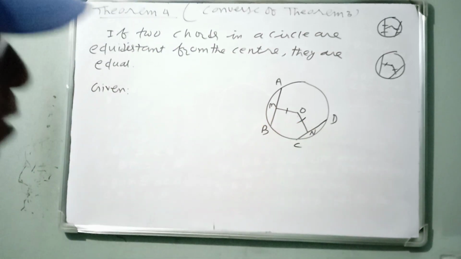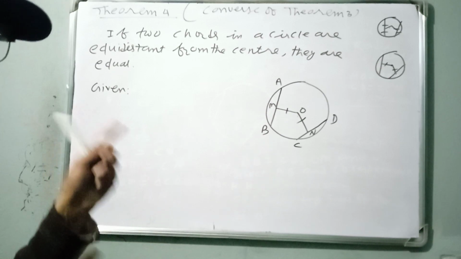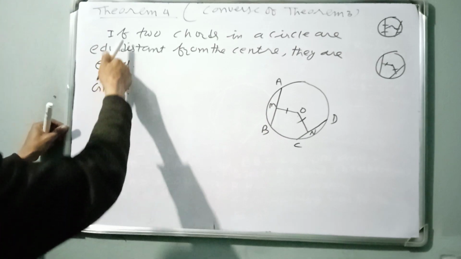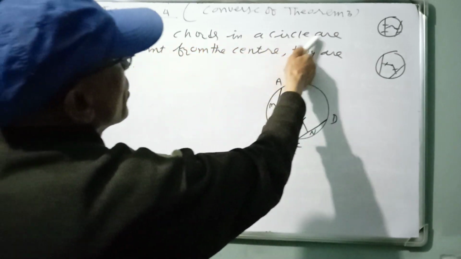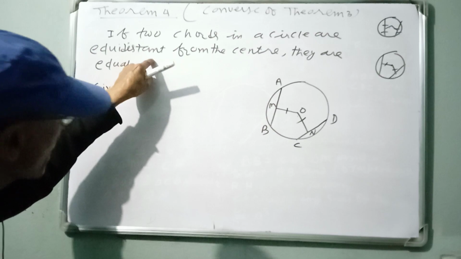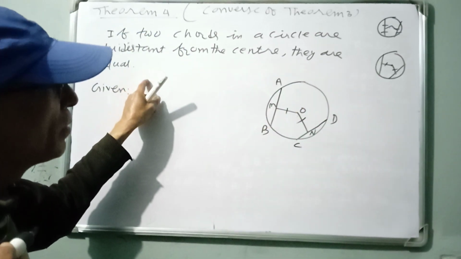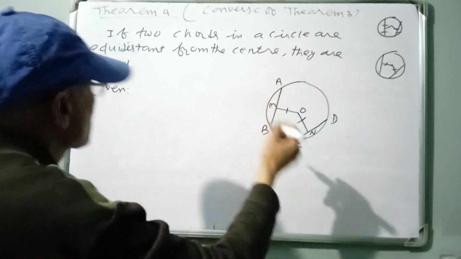Theorem 4 or converse of theorem 3. Here converse means given is to prove and to prove is given. If two chords in a circle are equidistant from the center, they are equal. Which are equal? Chords are equal.